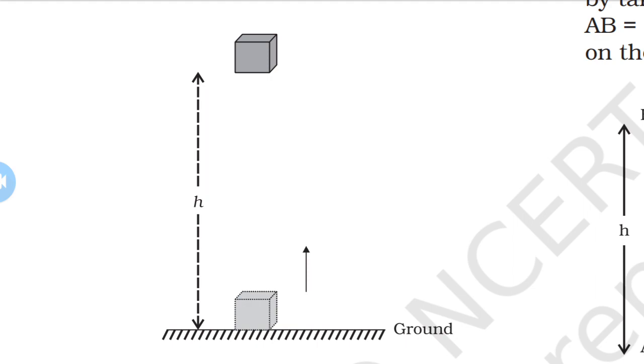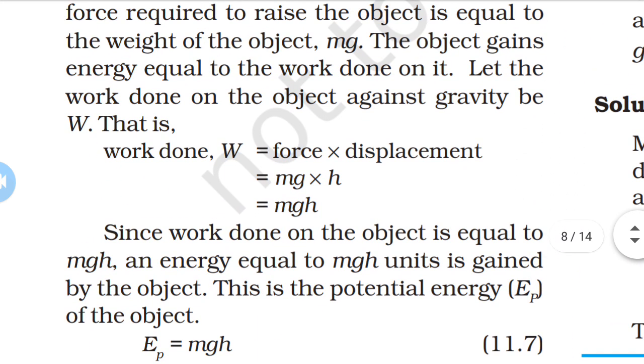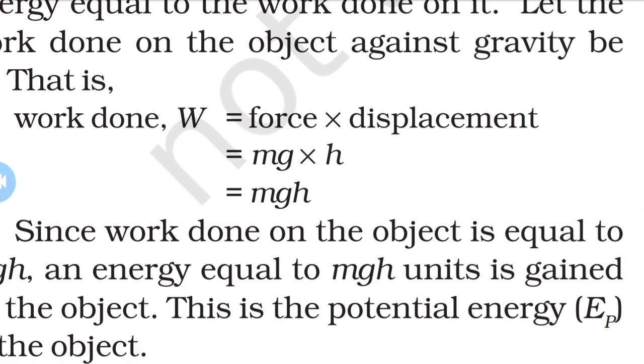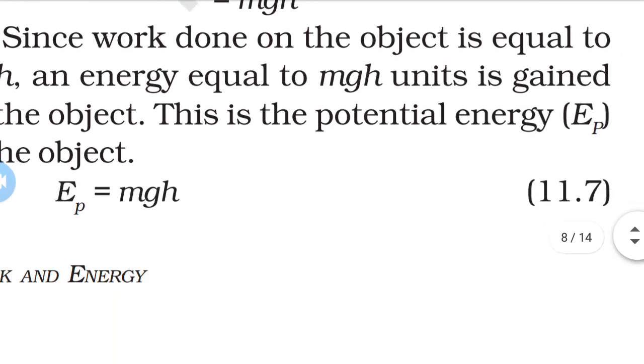Now as we know, the work done is equal to force multiplied by displacement. Here force F is equal to mg and displacement is equal to h. So w is equal to mgh.